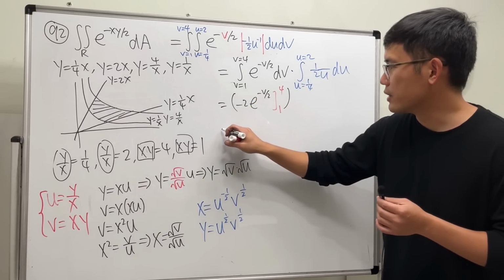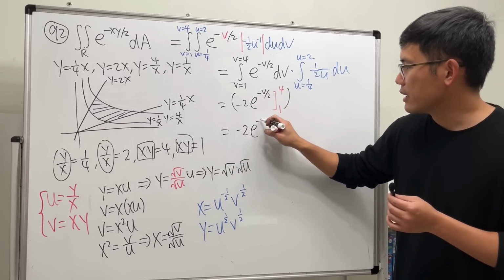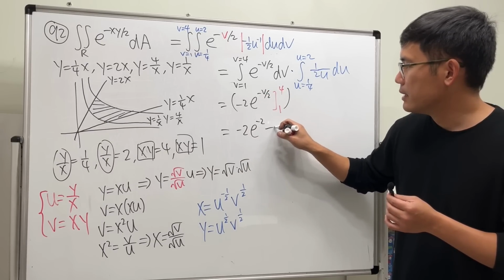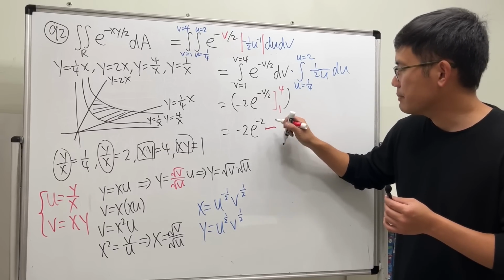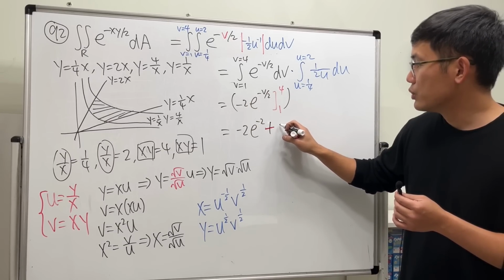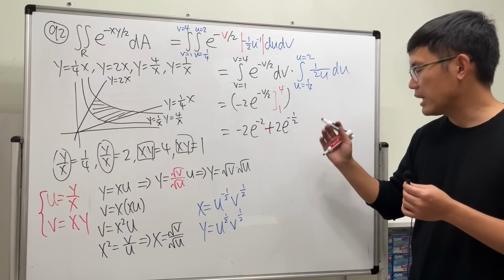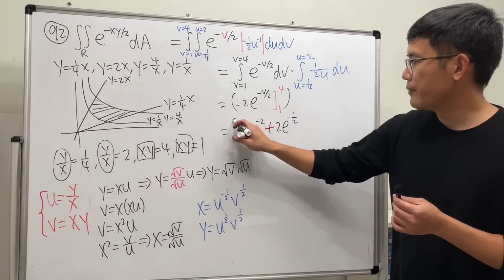Let's focus on this right here first. So put 4 in here, we get negative 2e to the negative 2, and then we subtract, but that's a negative, so it becomes plus. Put a 1 in here, we get 2e to the negative 1/2. Yeah, that's that.